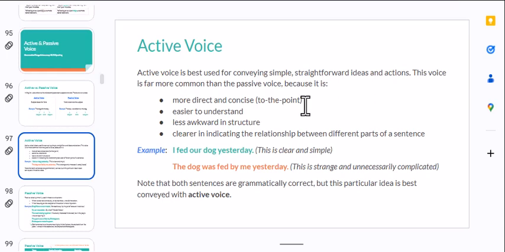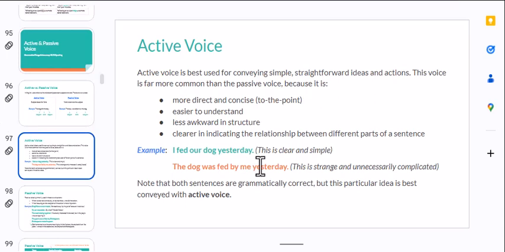First of all, the active voice is direct and concise, meaning that it gets straight to the point. It's also easier to understand, it's less awkward, the structure is very clear, and you can indicate the relationship between the different parts of the sentence. Let's look at examples.